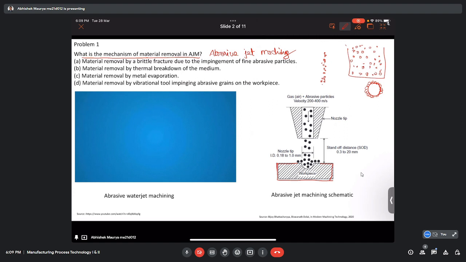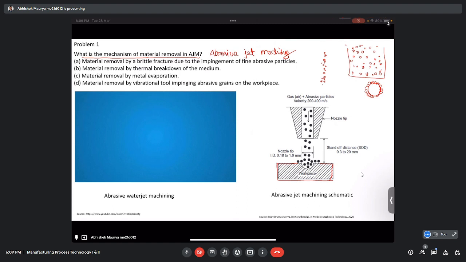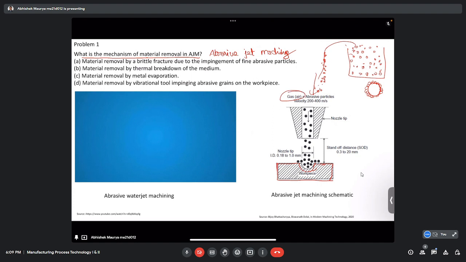It is shown here. Suppose we want to machine this workpiece. We take abrasive, and these abrasive particles get mixed with gas or air at very high speed. You can see this, 200 meters per second. Because of the high speed of the air, the momentum of the abrasive also increases, and it comes and hits the workpiece surface.